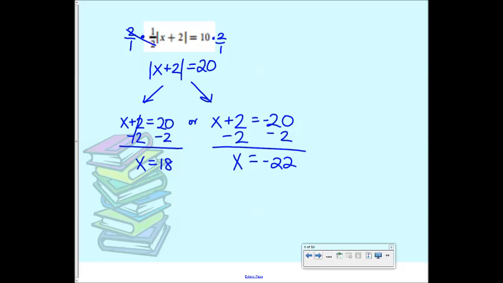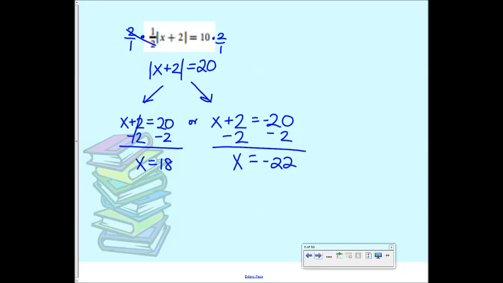If I plug that back in, I will see that either way it will give me 10. So negative 22 plus 2 gives me negative 20. Absolute value of negative 20 is positive 20, and half of 20 is 10. 18 plus 2 gives me 20. 20 absolute value is 20. Half of 20 is 10.